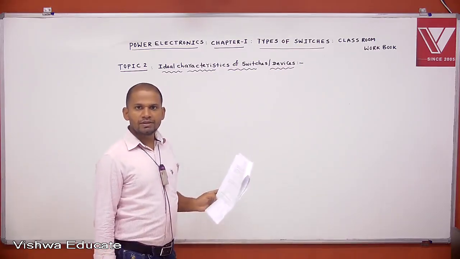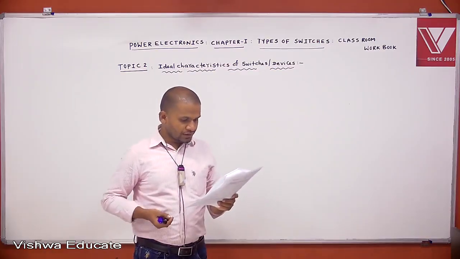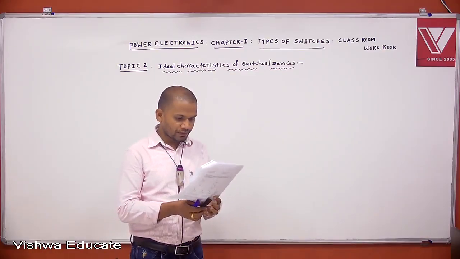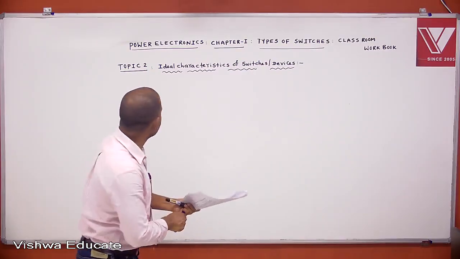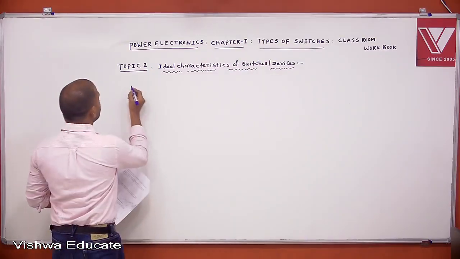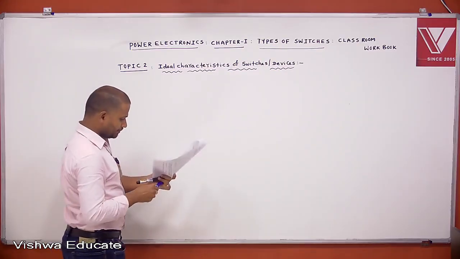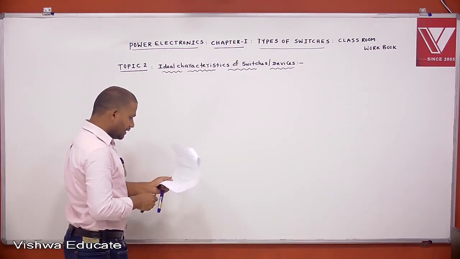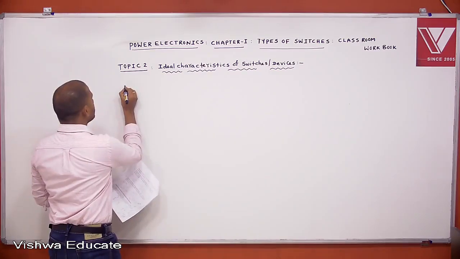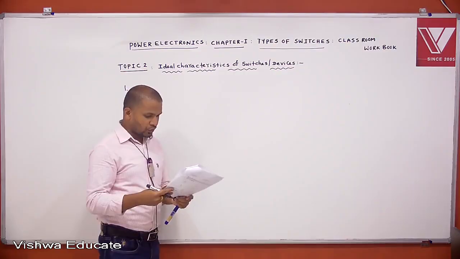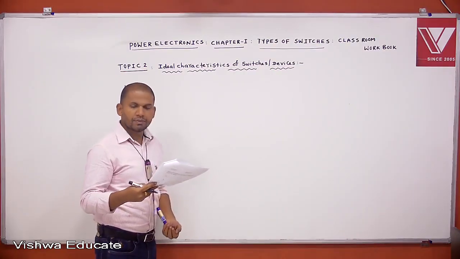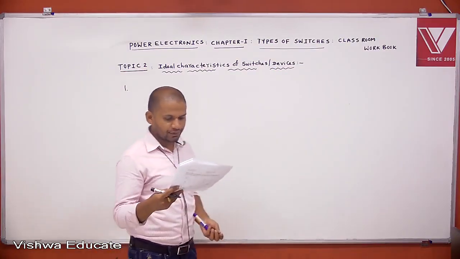Now, based on this concept, we'll see some models of questions. The first question, you see what is given. Concentrate. This is problem number 1 in topic 2, ideal characteristics of semiconductor switches or devices.